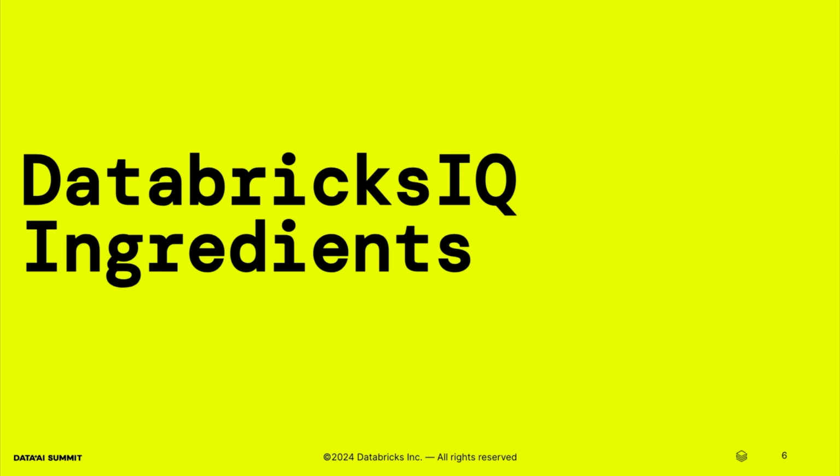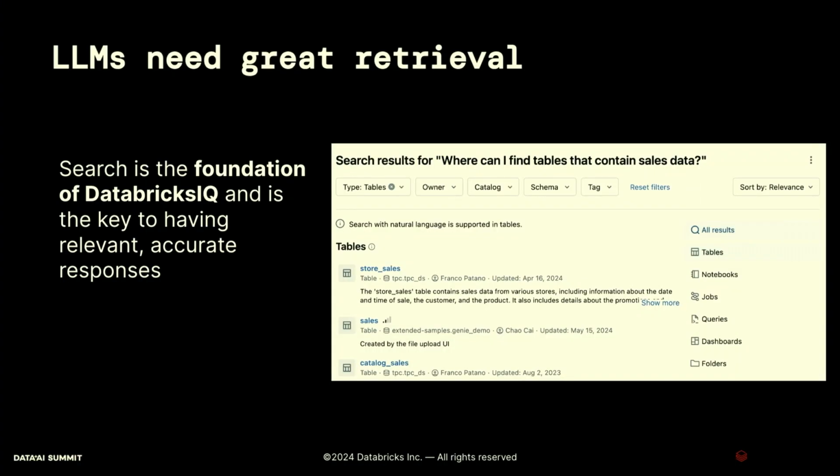So these are some of the ingredients that the team is focused on. First off, as we all know, LLMs really need good retrieval in order to provide accurate results. And if I were to say one thing, search is the foundation of the Databricks IQ team. If we cannot find relevant tables, there is no way to generate accurate queries.